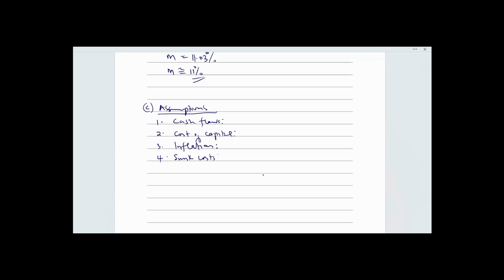Then I would go to number 4, sunk cost. Under sunk cost, there are 2 cash flows that we ignore. One is for development costs, then the second one is for market survey. Let me confirm from the question. We have 8 million for developing and testing the device, which is development cost. We also have initial market research cost of 2.5 million.